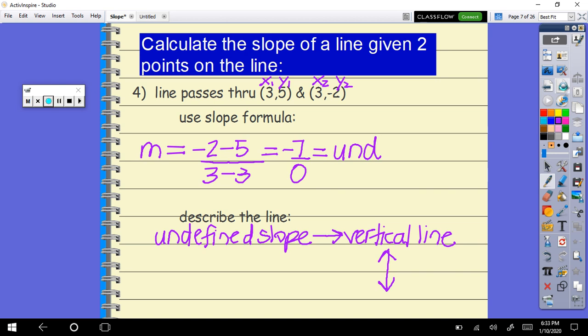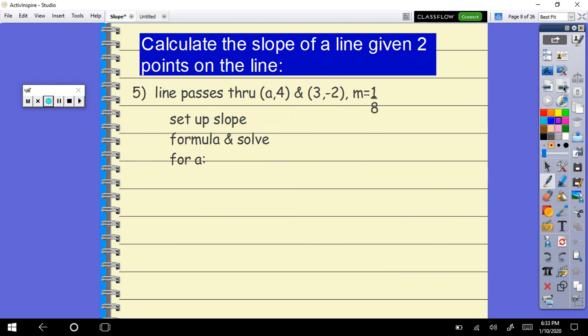Okay, here is an Algebra 1 example that's a little bit more complicated. Now, I'm still going to start out labeling my first point x1, y1, and my second point x2, y2. And I'm going to go with the slope formula of y2 minus y1 over x2 minus x1.